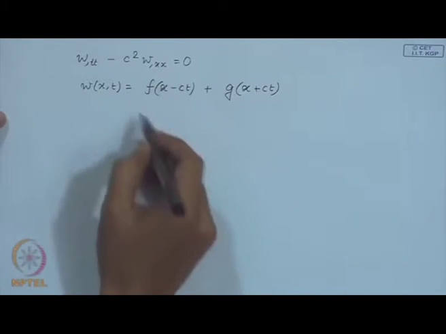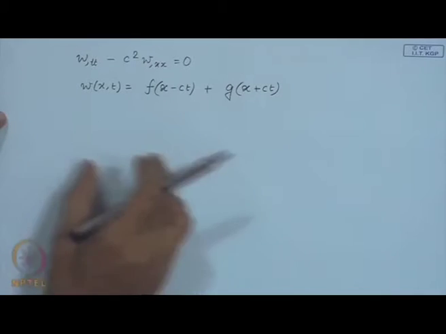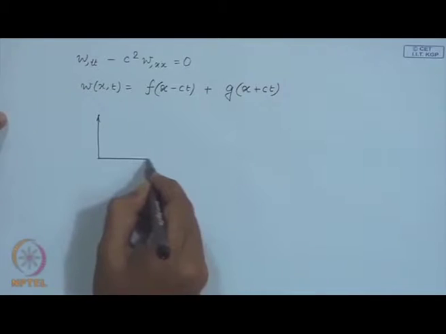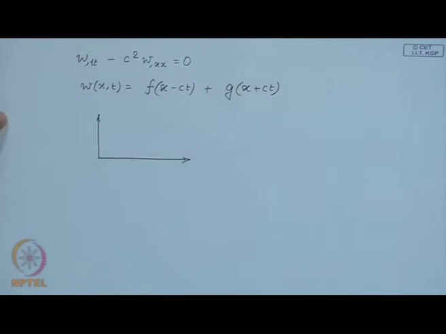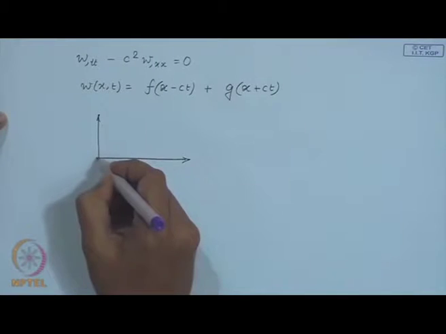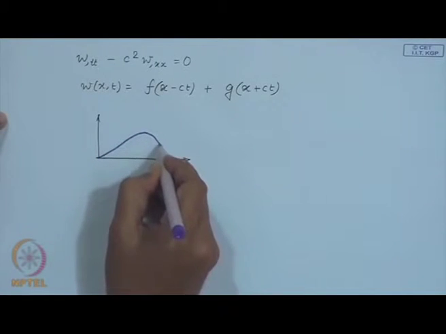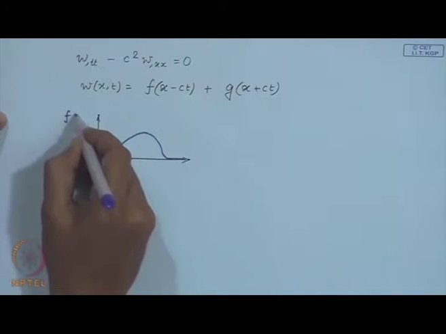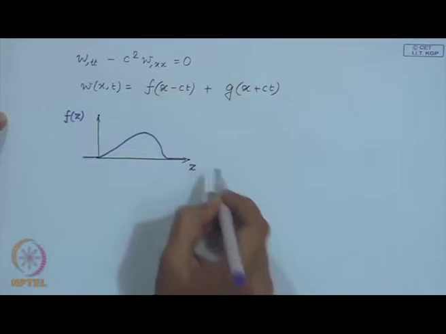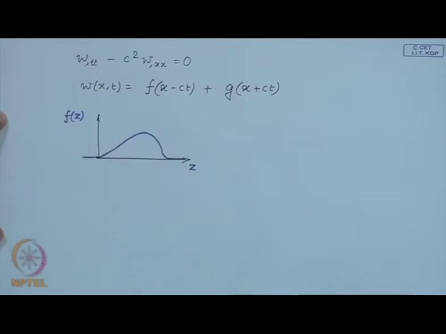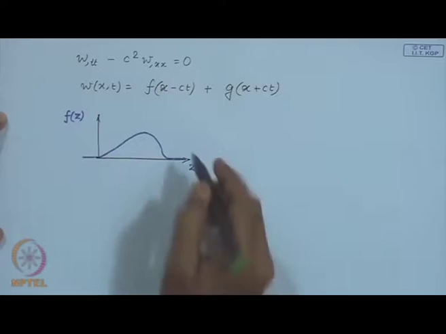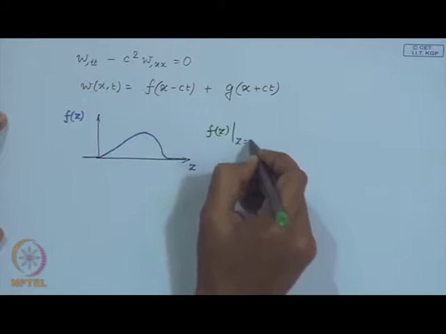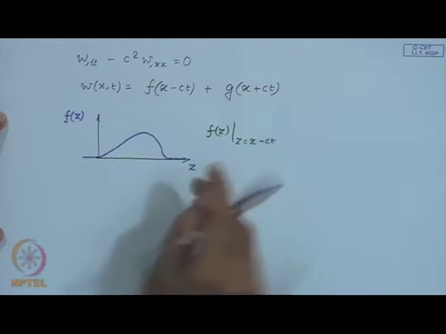So, let us say that we have a positive travelling pulse. A positive travelling pulse is represented by this.